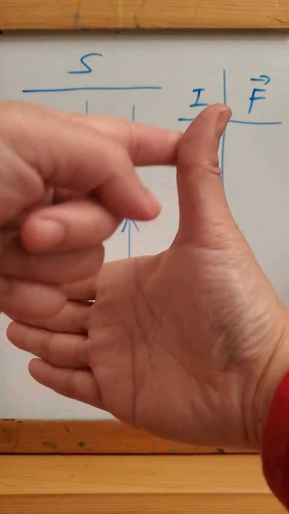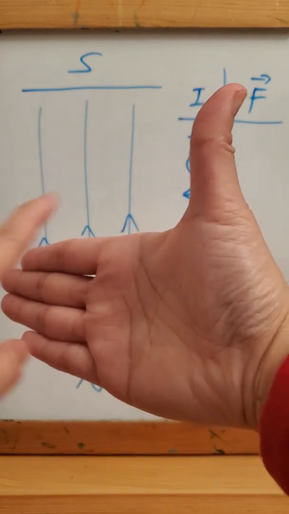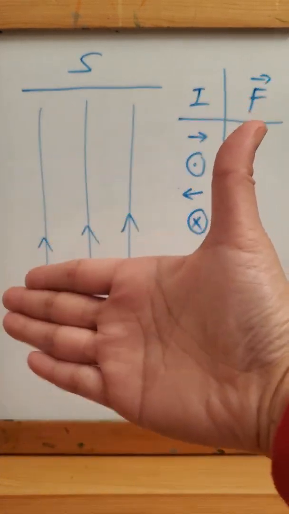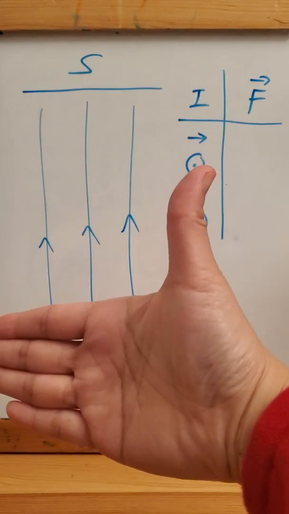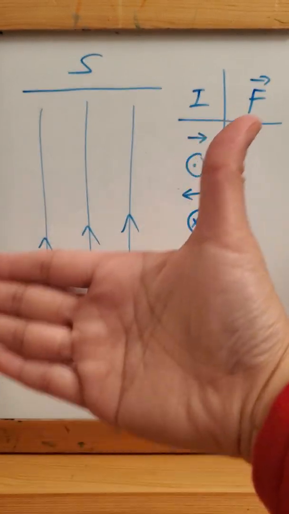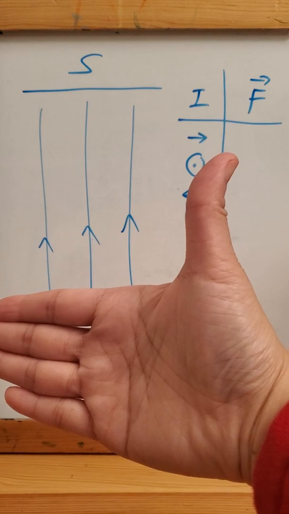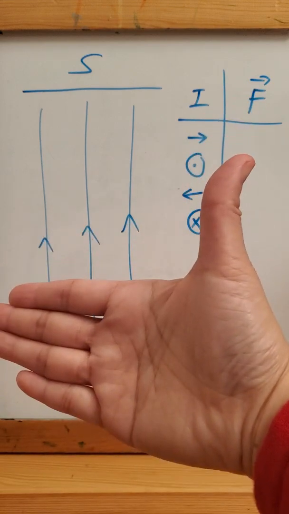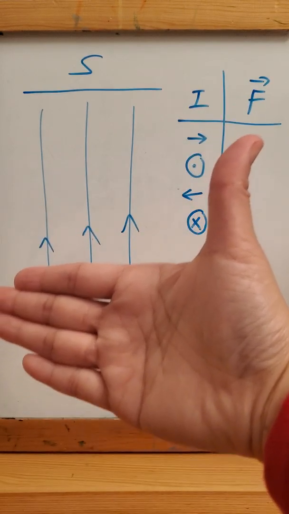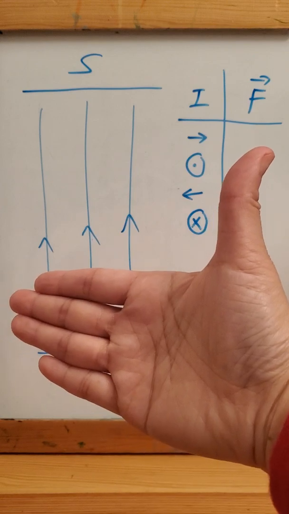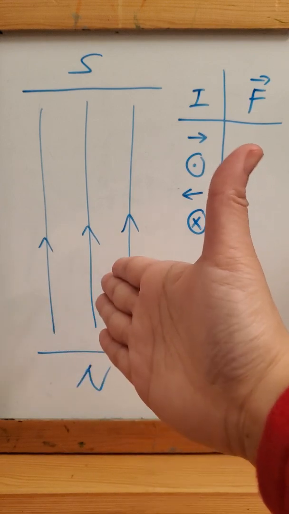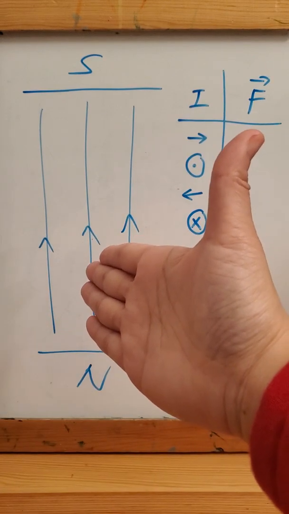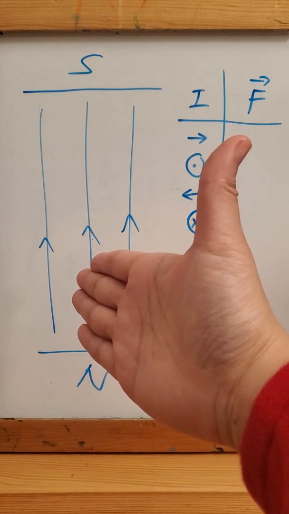The thumb is being held 90 degrees from the fingers, and the thumb is pointing to the direction of the conventional current or the velocity of positive charge if we are considering charged particles. The palm is pointing in the direction of the force.